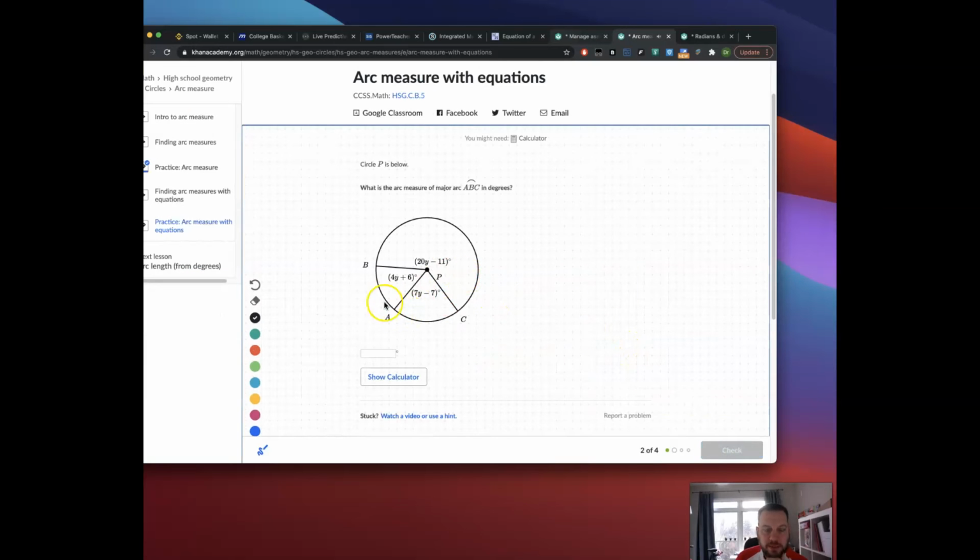So same deal here, ABC, so they want this distance all the way around. So add up these three pieces. So let's just do that. So that would be 31y, and then minus 11, minus 7. So it's minus 18, minus 12. And that all equals 360. So 31y equals, if I add 12 to both sides, 372. And then if I divide by 31, I think that's probably 12.